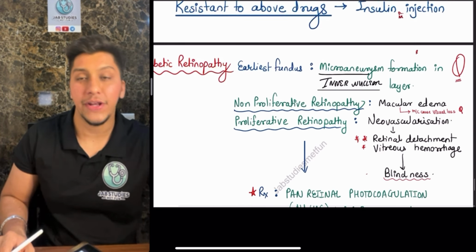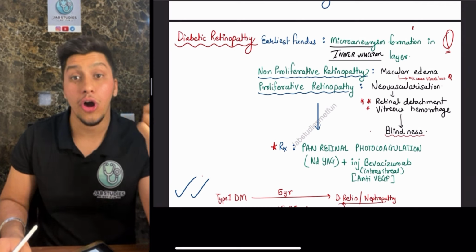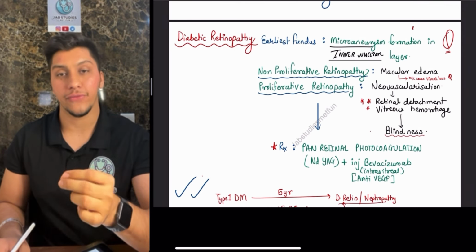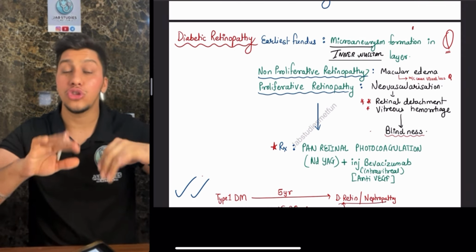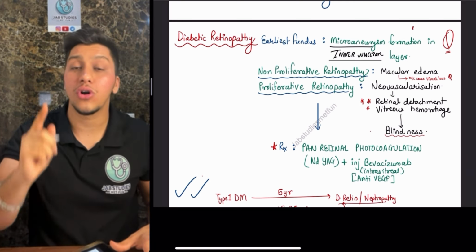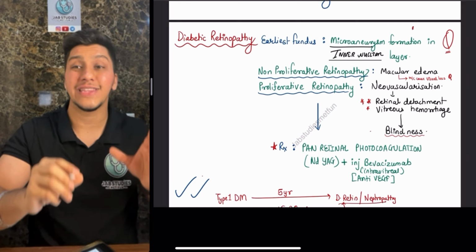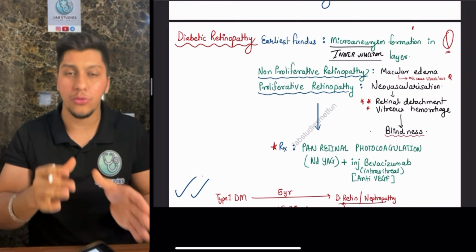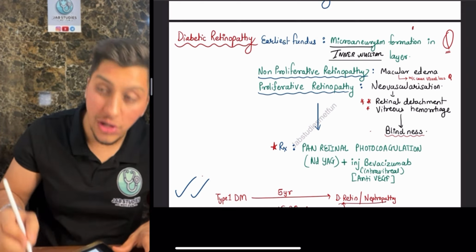Diabetic retinopathy can be of two types, non-proliferative and proliferative. Proliferative simply means new blood vessels are formed, that is neovascularization. If they ask you the cause of blindness in non-proliferative diabetic retinopathy, that is going to be macular edema.